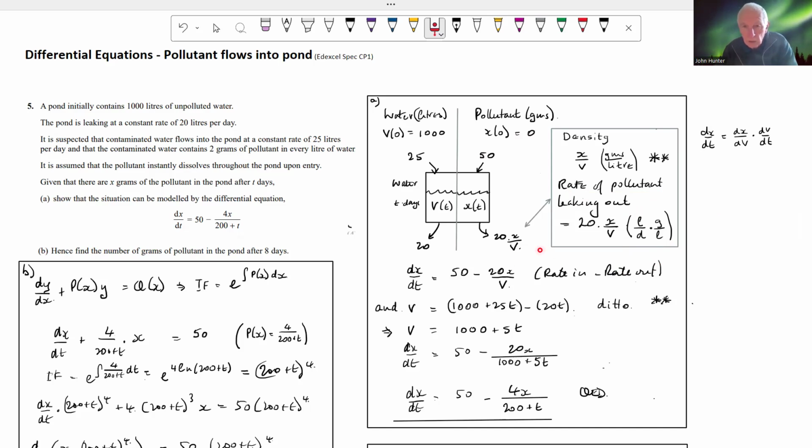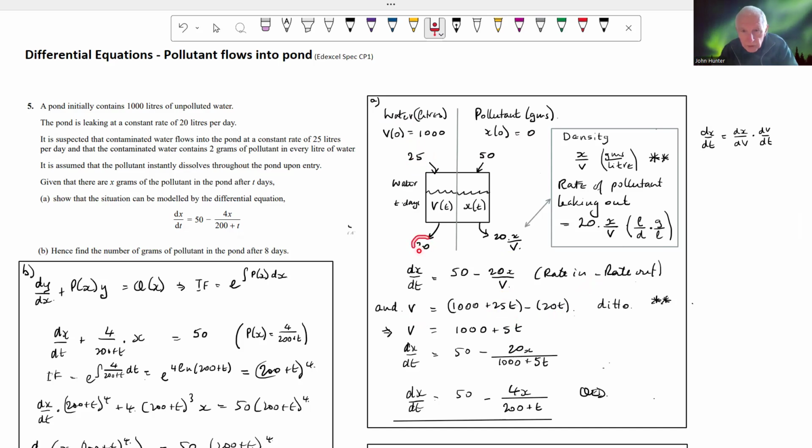Okay, so now we've got a reasonable statement of what is happening with the pollutant. The rate of change of this is the net: what's going in minus what's going out. So we could simply write dx/dt equals 50 minus 20x over v. What else do we know? Well, we've got V here, and we can substitute that.